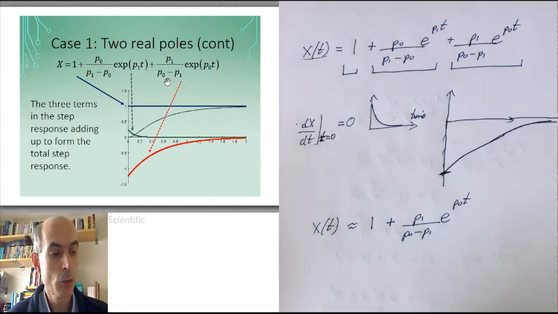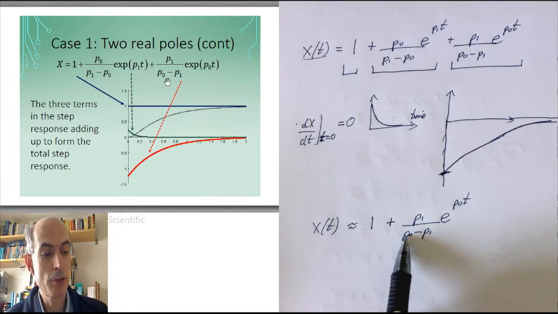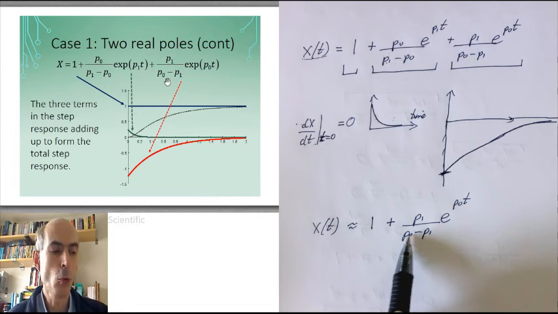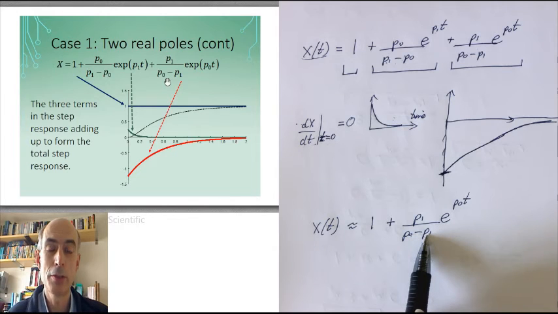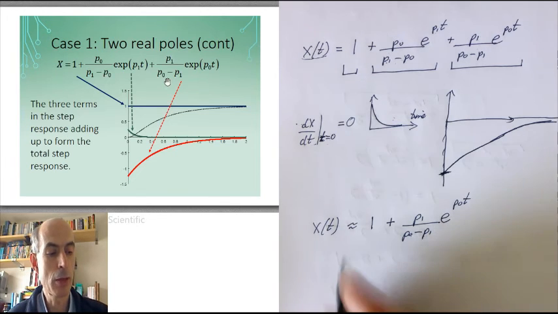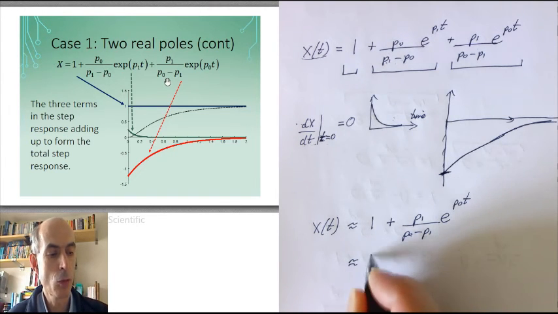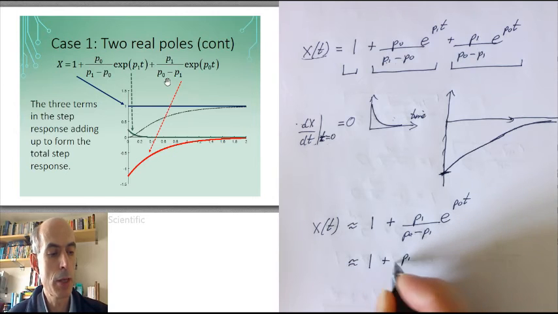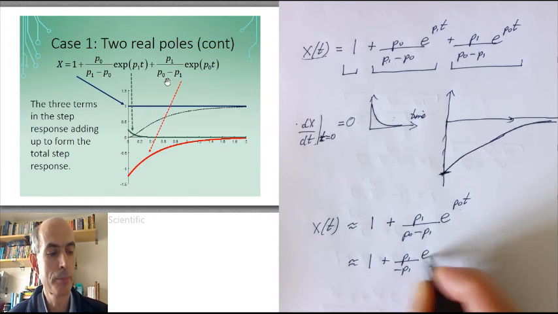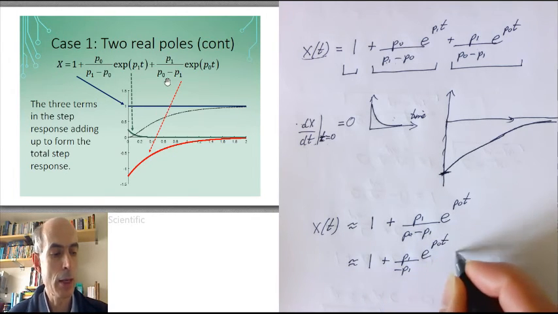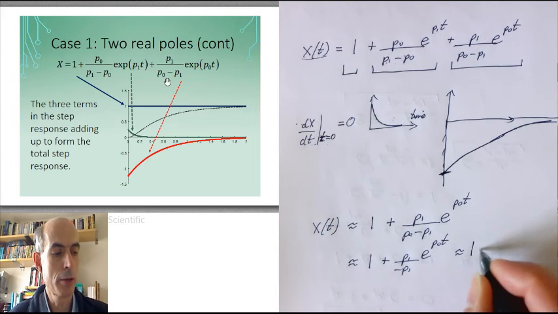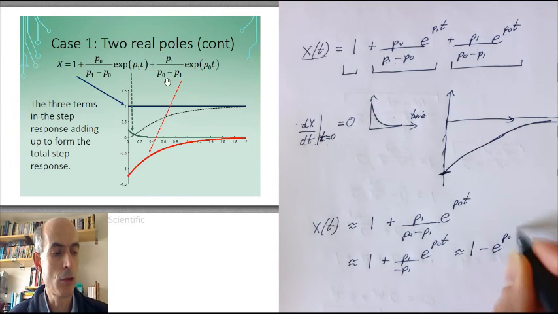And further, we could say that since P0 is so small compared to P1, in the case of very low Q factors, where the poles have very different values, we can approximate this as 1 plus P1 over minus P1, and that is approximately 1 minus e to the P0t.